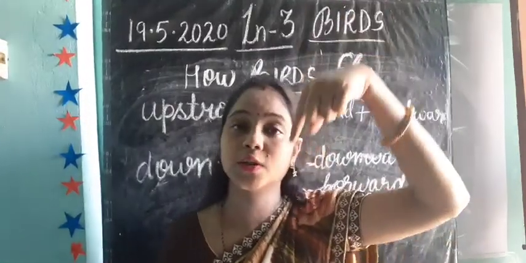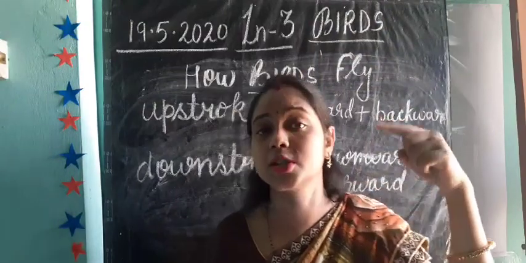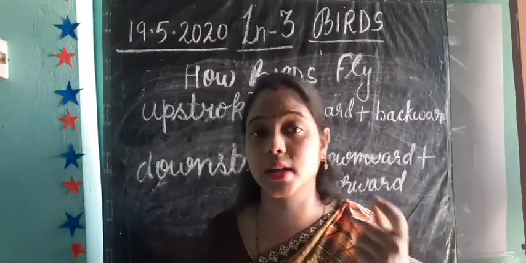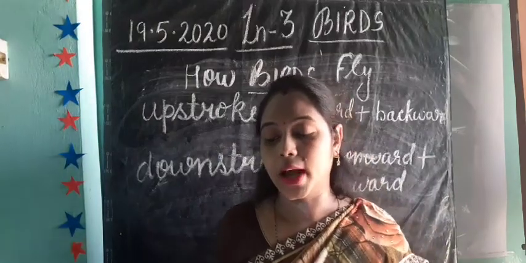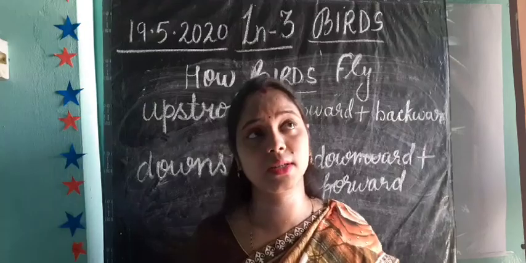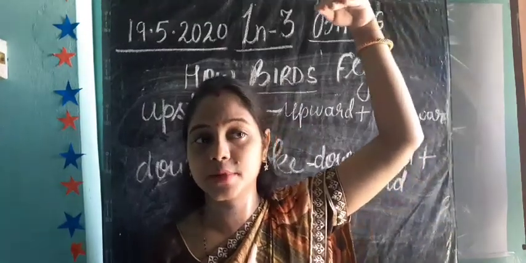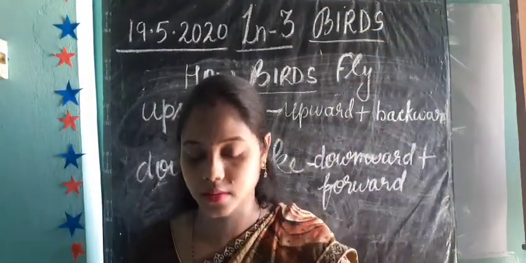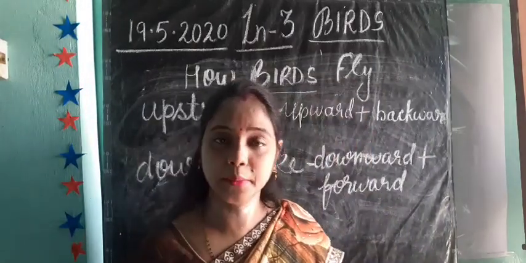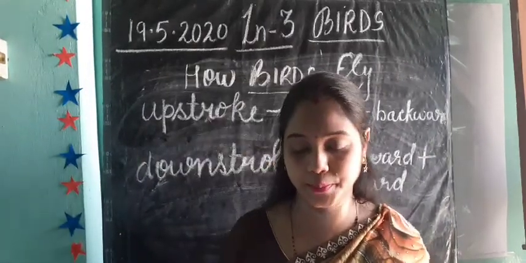From there also they can see their prey, means shikar, small insects, rats, these things they can watch properly, and then they can eat. That's why you can see the eagle coming from above like this. They are also known as birds of prey, which we have studied.